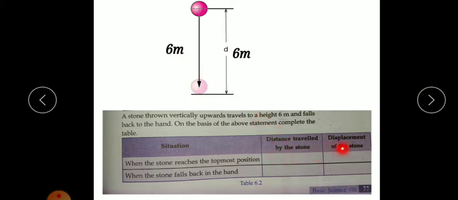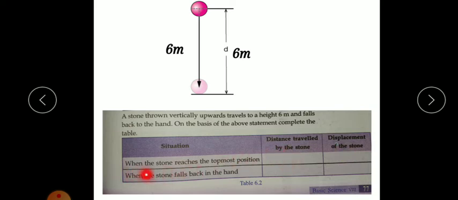And displacement of the stone. What about displacement? We know that displacement is a straight line distance from initial position to final position. So this is initial position, this is final position, and this is a straight line distance. So how much? 6 meter, is it? So distance and displacement here are same. Both are 6 meter, 6 meter.